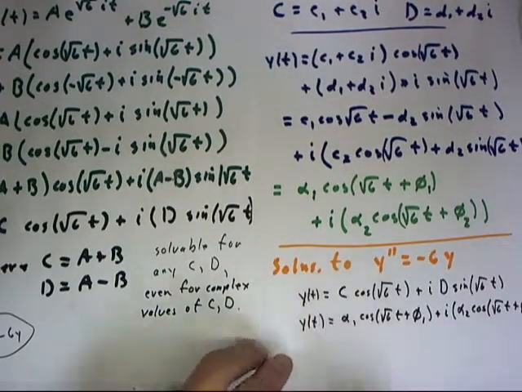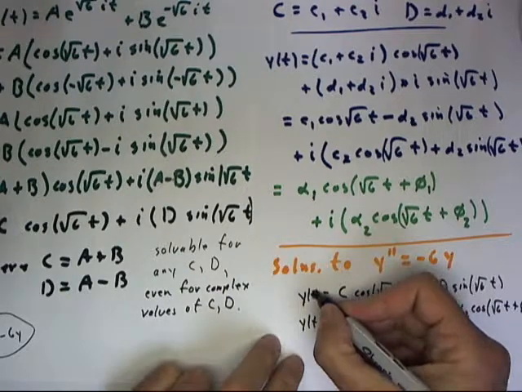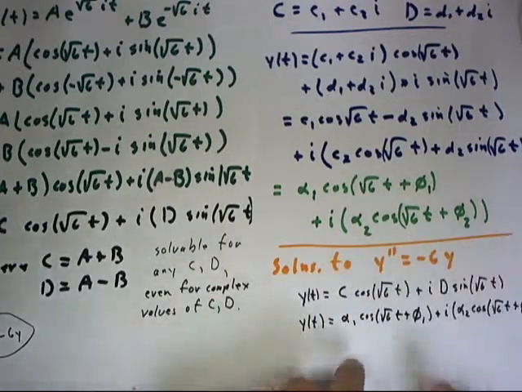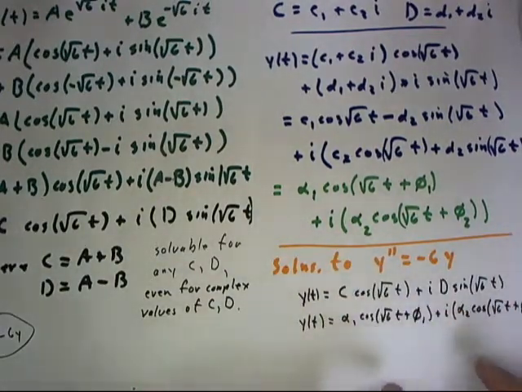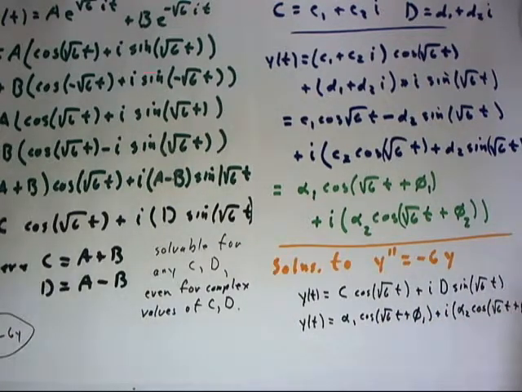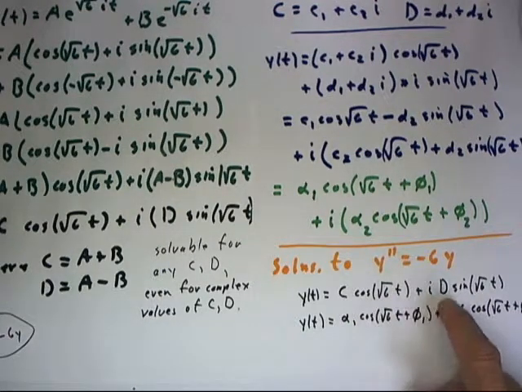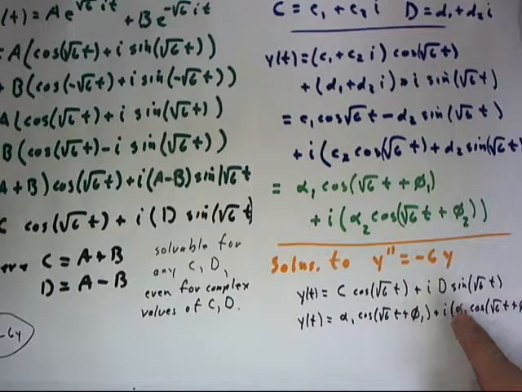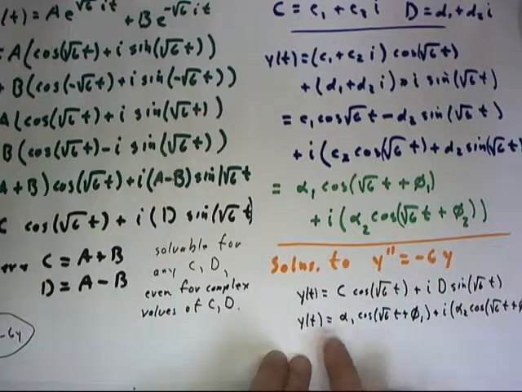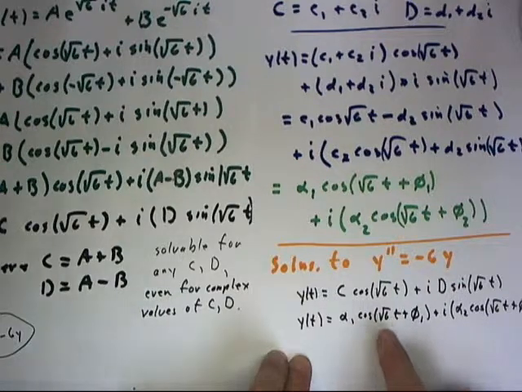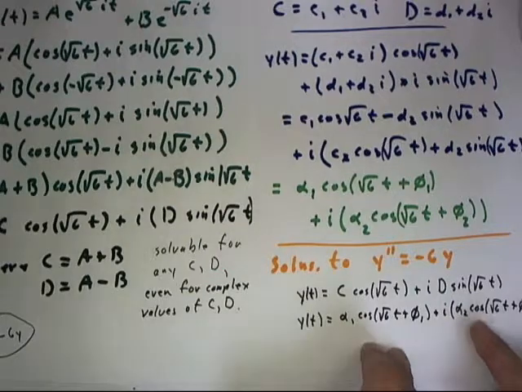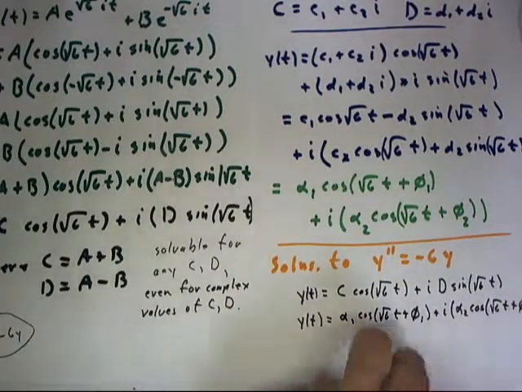Now I've gone ahead and written in these two solutions. y of t equals c cosine square root of 6t plus d sine square root of 6t, where c and d can be understood to be real, imaginary, or complex constants, or y of t equals alpha 1 times the cosine of square root of 6t plus phi 1 plus i times alpha 2 cosine with a phi 2 here.